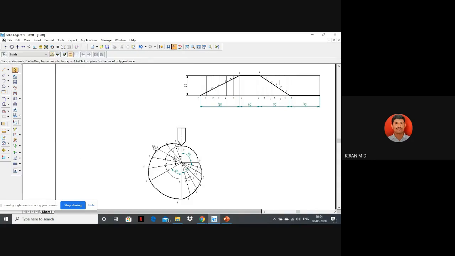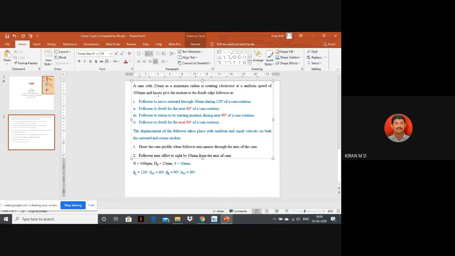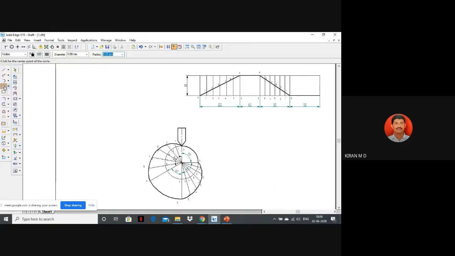So here, to draw this cam profile, first we need to draw the base circle of the cam. The base circle is, see here, the cam with 25 mm minimum radius. Using that minimum radius, I will use circle by center point.